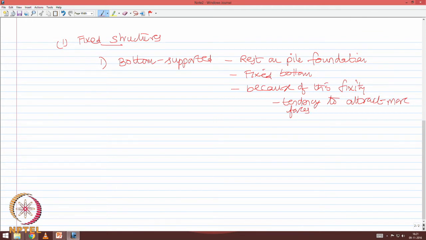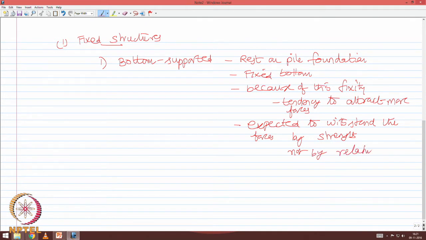So, one can easily say that this structure is expected to withstand the forces by strength and not by relative displacement. That is the first observation we have.